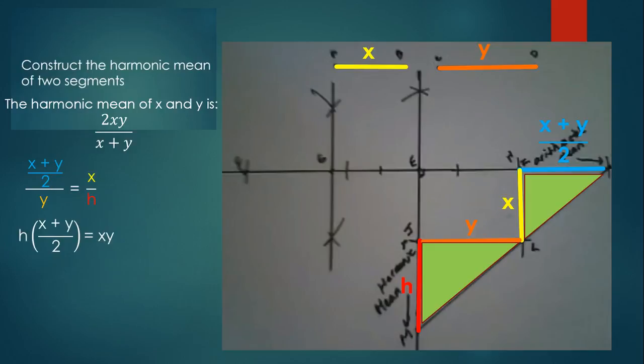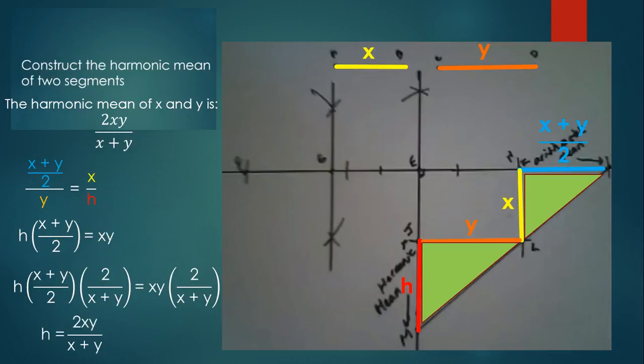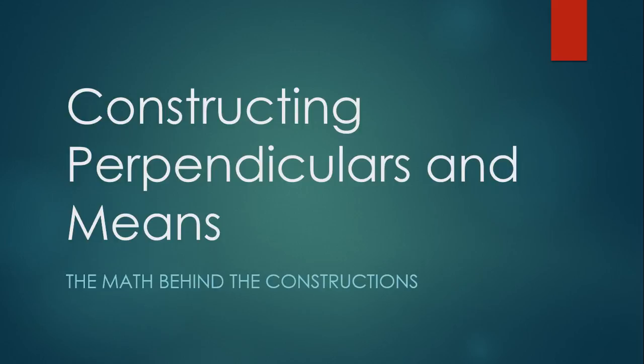And to do that, we can simply cross multiply. Multiply both sides of that equation by the reciprocal of x plus y over 2, and then do a little simplifying. And we do have h equals 2xy over x plus y, which is exactly what we said the harmonic mean should be.